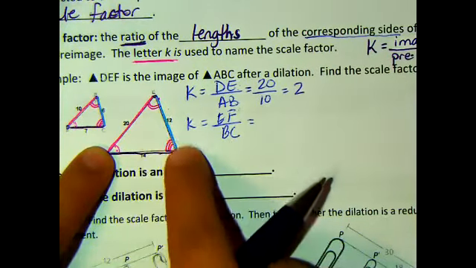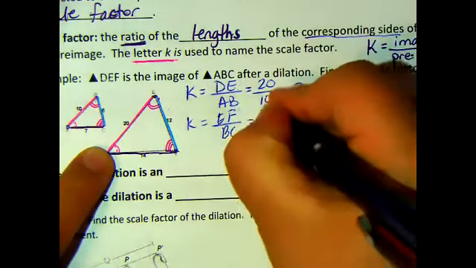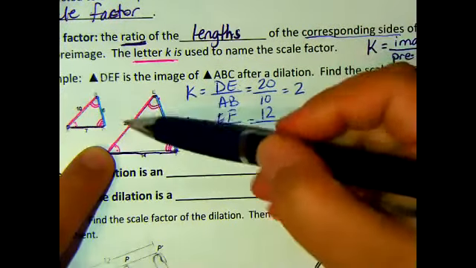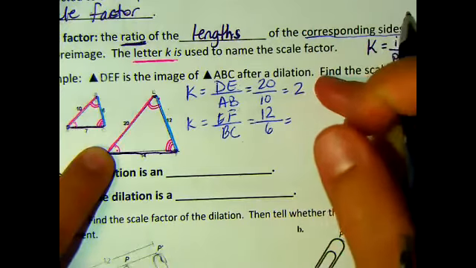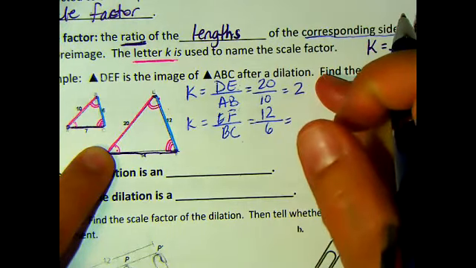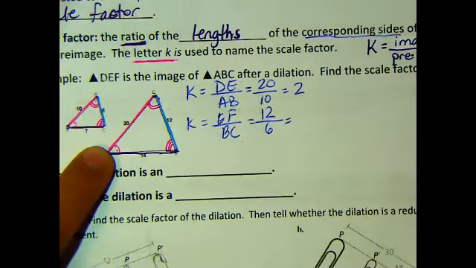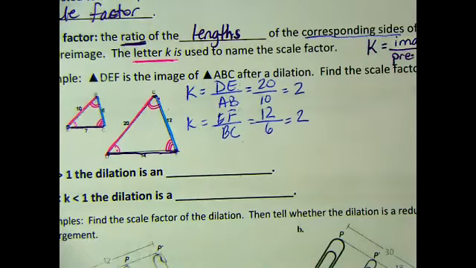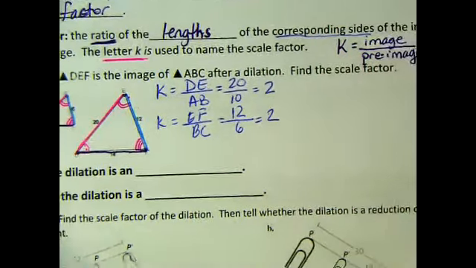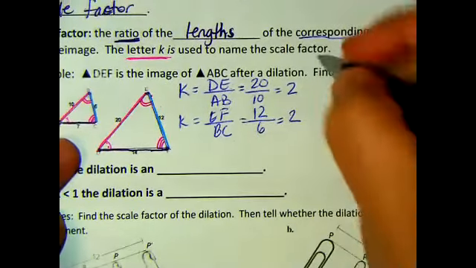EF is 12 by length. BC is 6. This should simplify to the same scale factor, right? Right, 12 divided by 6 is also 2.